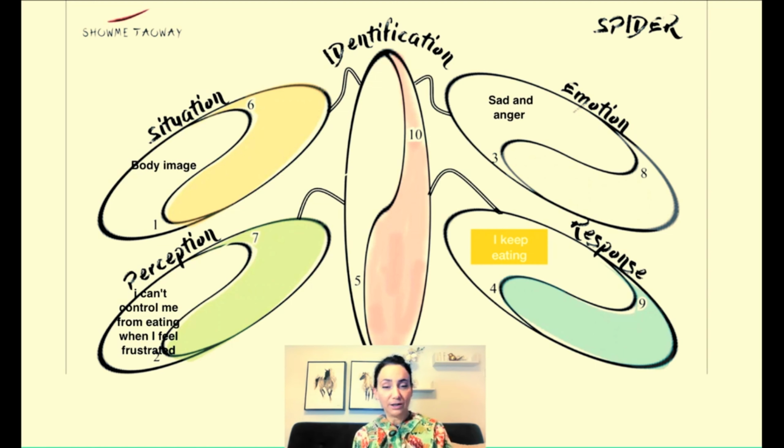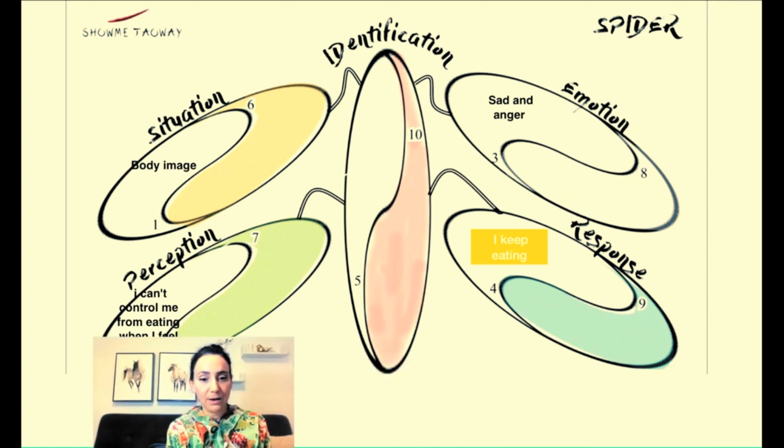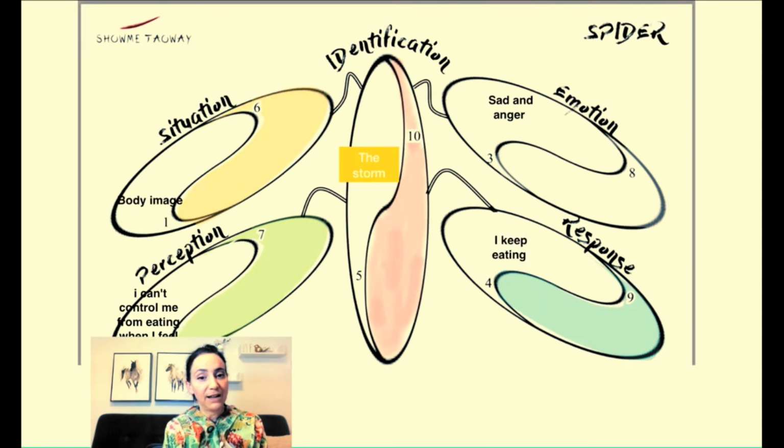It's not about ourselves. And in number 5, what I would ask you to do is to give it a title, as if we're talking about an archetype. It can be an archetype or it can be a word that is coming up for you right now. So if we think about number 5 over here, we can write something like the storm.